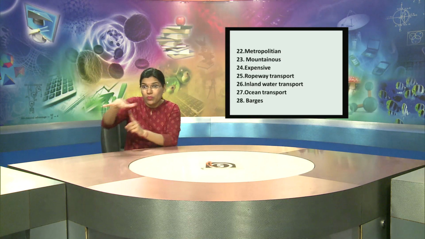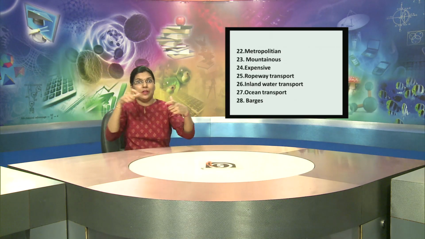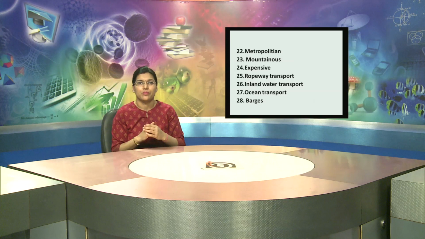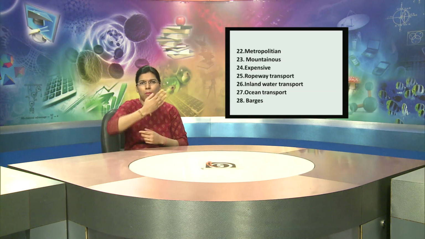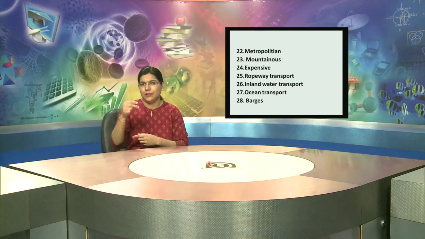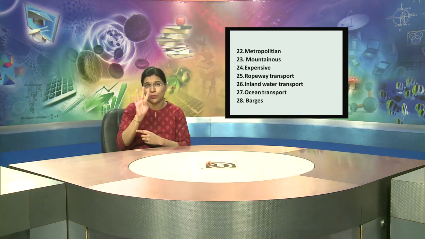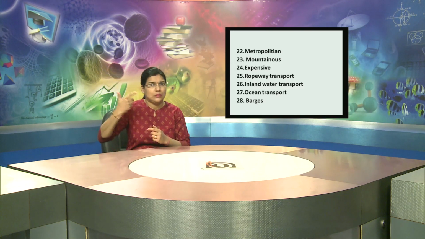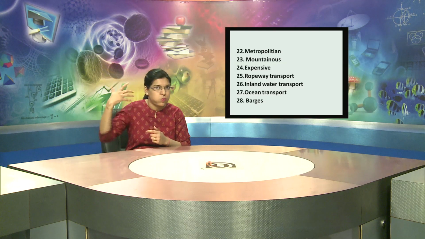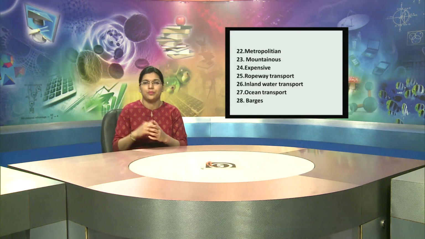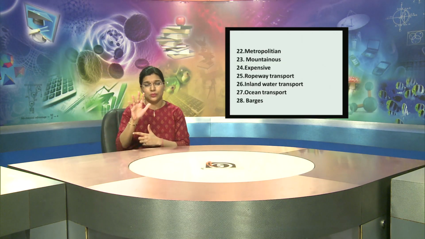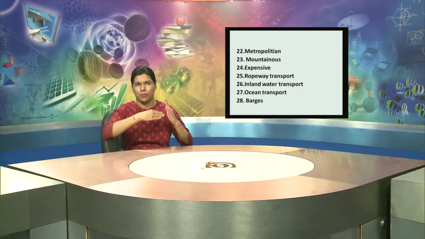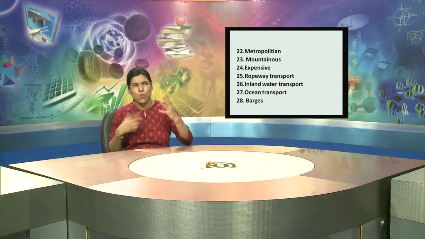There are different kinds of technology. Big towns are named as metropolitan. 23rd word, mountainous. Area covered by mountains. 24th, expensive. Things which cost a higher amount.